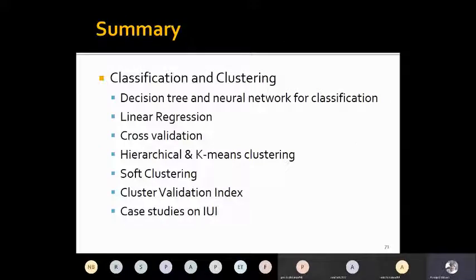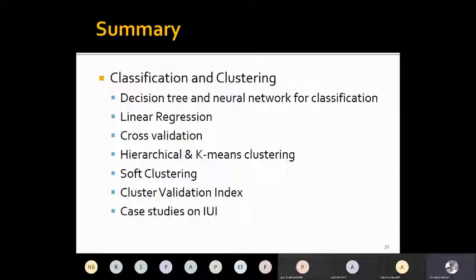So finally, this is the summary of our long lecture. We talked about different classification and clustering techniques like decision tree, neural network for classification, and linear regression. We touched on the topic of cross validation, and we talked about hierarchical and k-means clustering. Also, we talked about the limitations of k-means clustering, and one solution is k-medoid clustering. Another solution is soft clustering, where we do not hard-assign data points to individual clusters, so each data point can belong to multiple clusters.